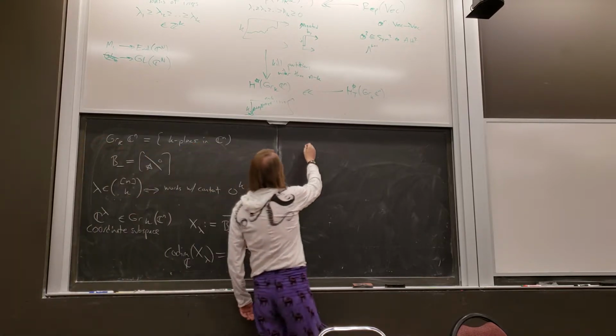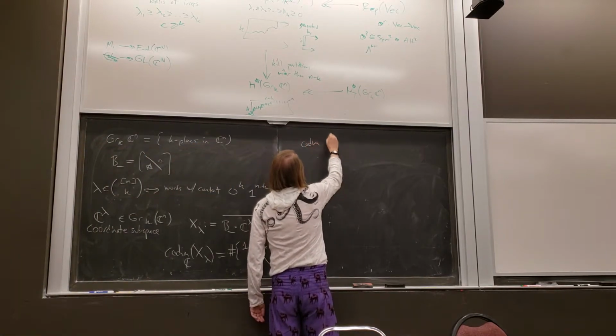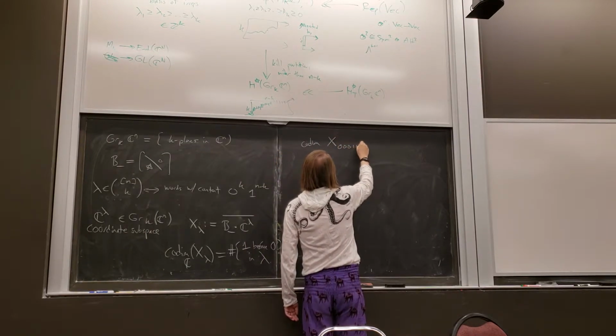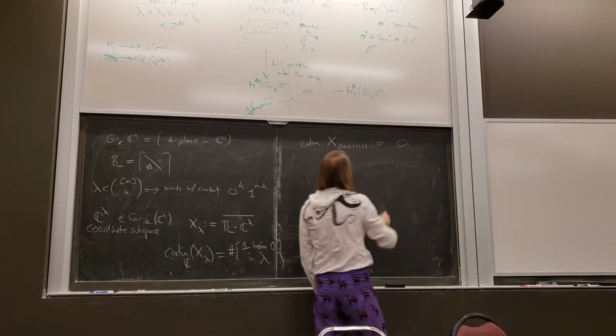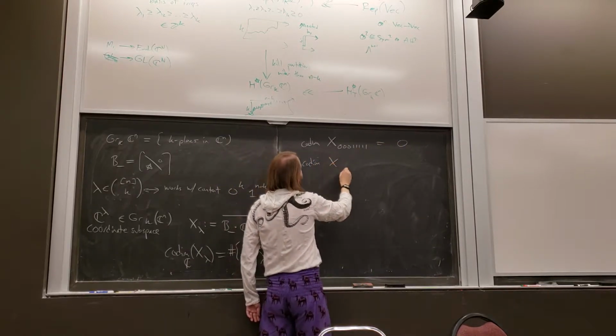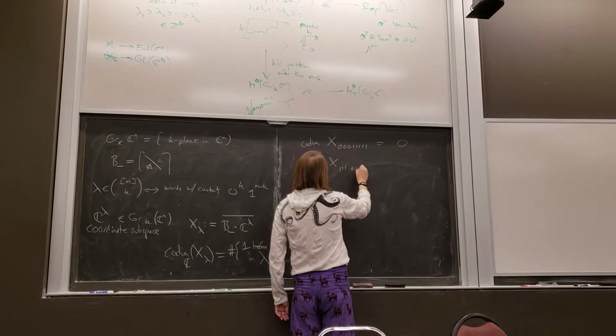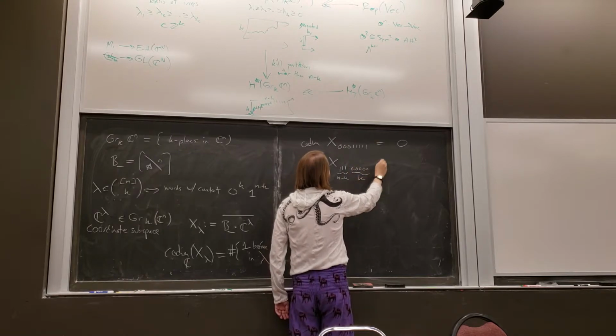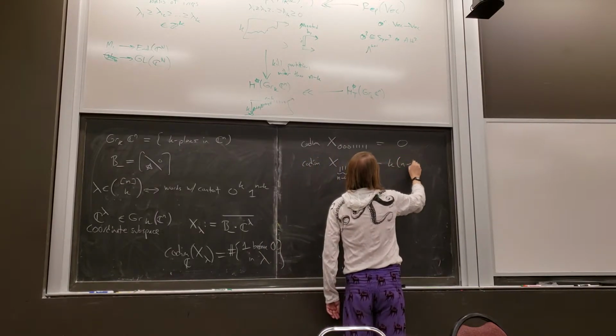So the two extremes: the codimension of X 0,0,0,1,1,1,1,1 is 0, because there are never ones before zeros, whereas the codimension of X 1,1,1,0,0,0,0,0, where there were n minus k of these and k of those, will be k times n minus k.